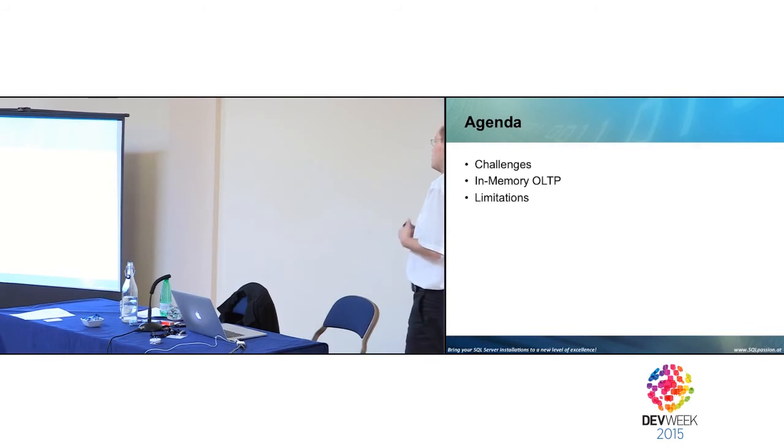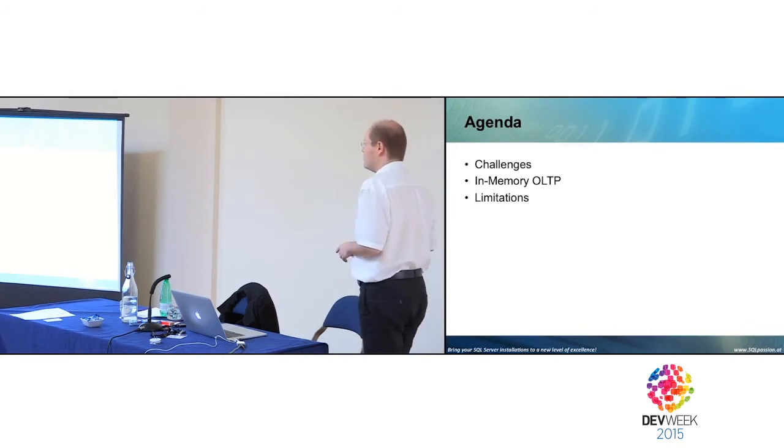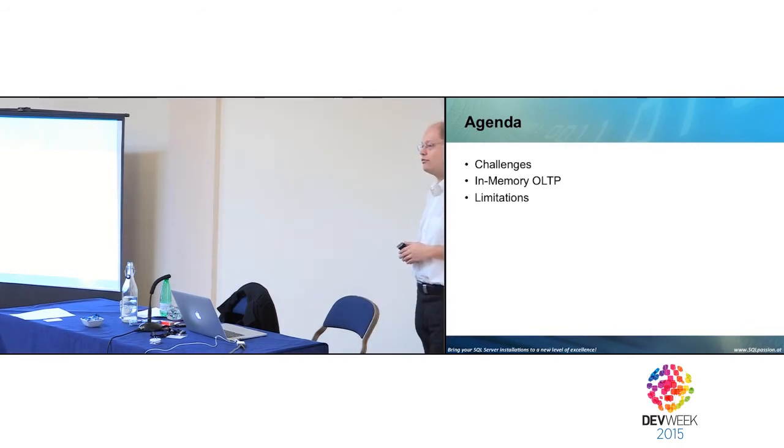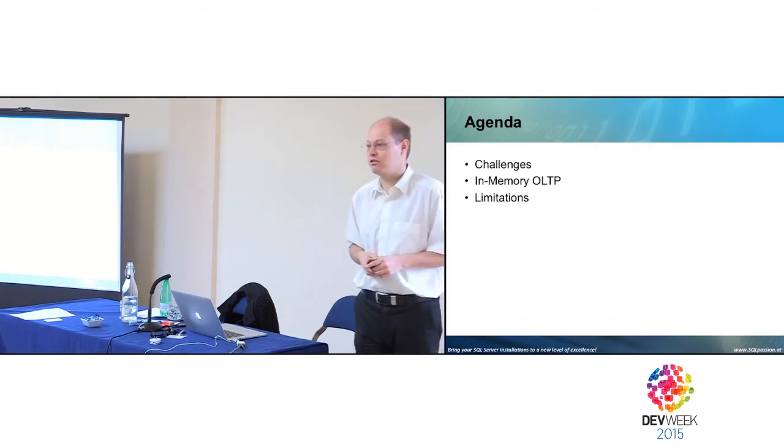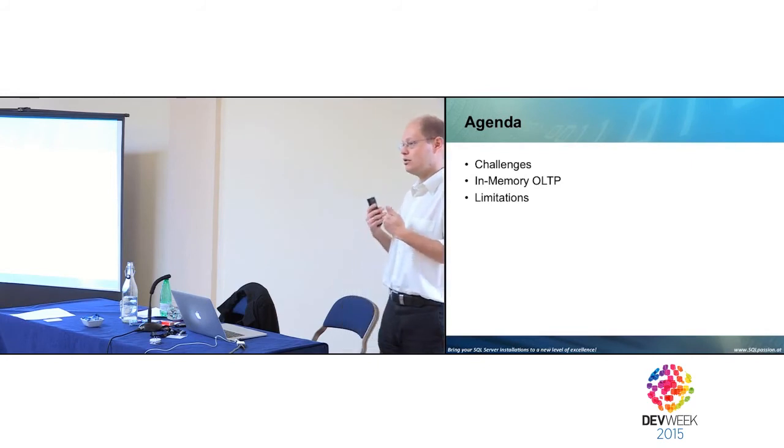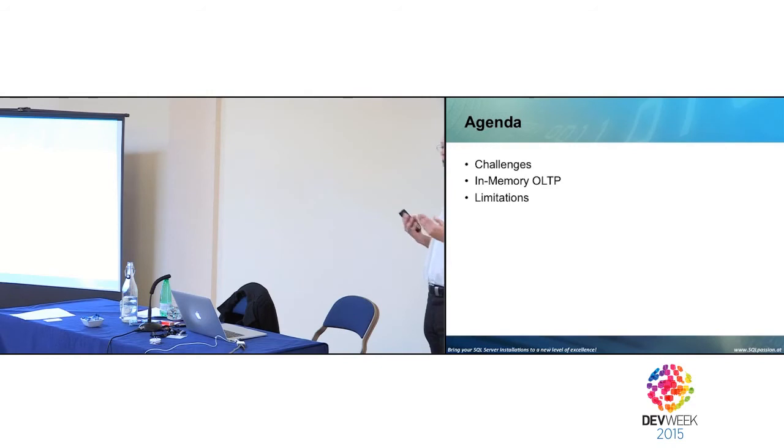Let's have a look at the agenda for the next 90 minutes. In memory is very, very fast. We also have latency times of nanoseconds, and main memory compared to SSD storage is cheap. Very, very cheap.